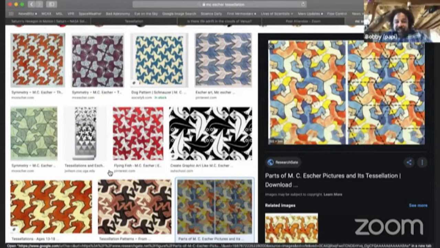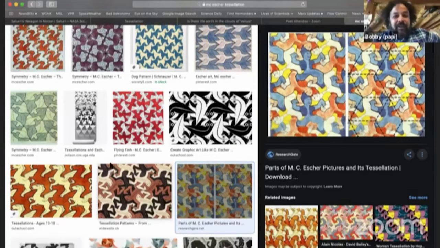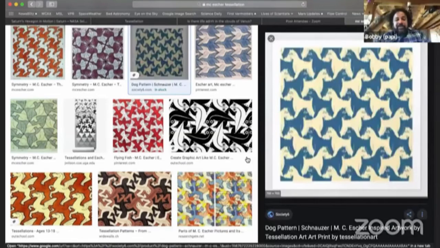You know, how did their eyes look like kaleidoscopes to them? Or just imagine the imagination that brought about these ideas. This one's so cool, a little Scottish Terrier schnauzer looking thing. There's no end to this. Oh, apparently there's a book called Tessellation with Kids. So I just searched Escher tessellations just to give you guys something to think about.